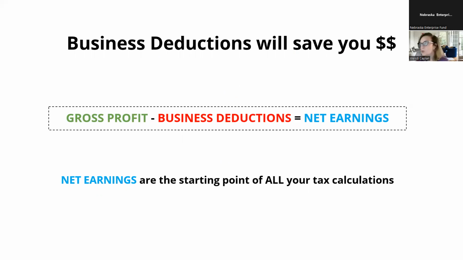We take from that gross profit business deductions, and I'll explain again what those are. When we subtract out the business deductions, we get our net earnings, and that's the starting point of where all of our tax calculations start. So gross profit minus business deductions equals net earnings.